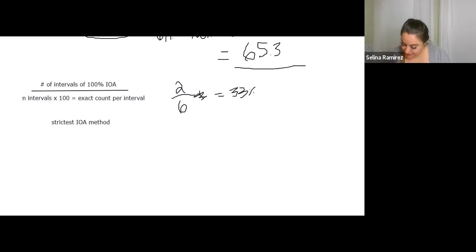Calculating total count IOA for discrete trial data uses the same formula as total count IOA for free operant data. The smaller of the two counts reported by the observers is divided by the larger and multiplied by 100.